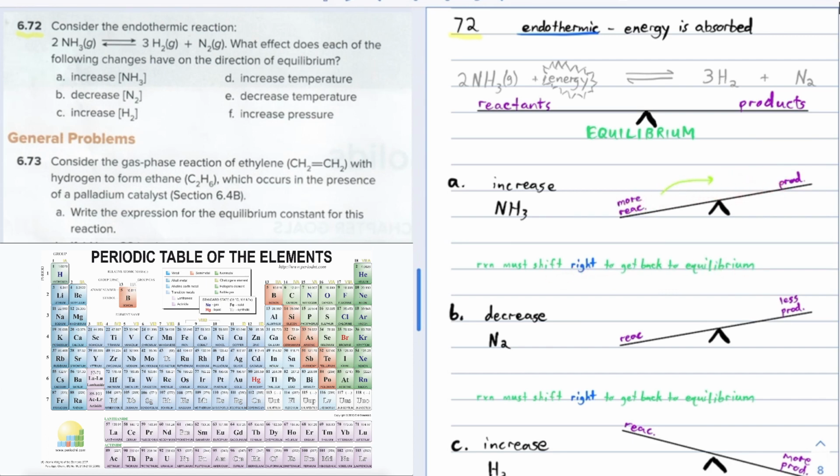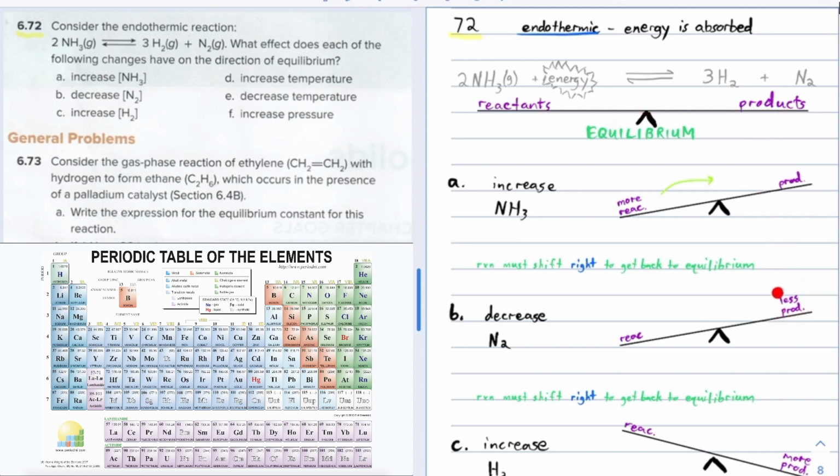Now, the next disturbance is to decrease the amount of N2. N2 is one of the products, and when you remove some of the N2, the product side is lighter than it was in the balanced case. So you have less product.